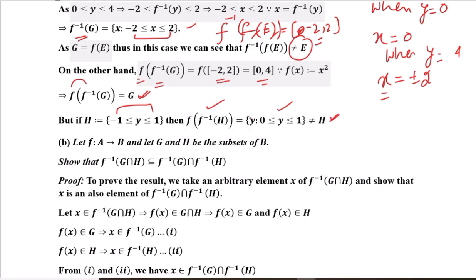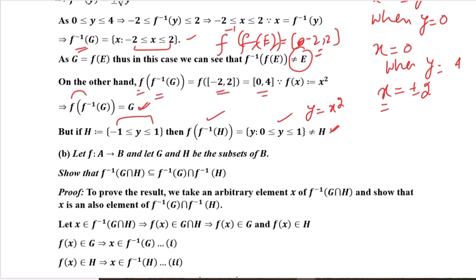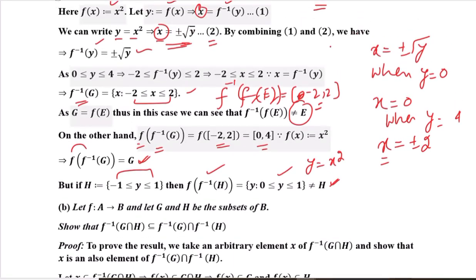This all depends on your function. Your function is y equal to x square. That is not a one-to-one function, for a single value of y there exist two values of x.